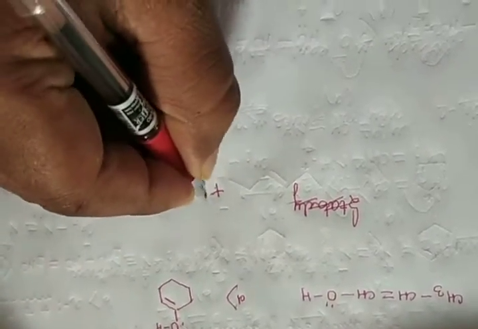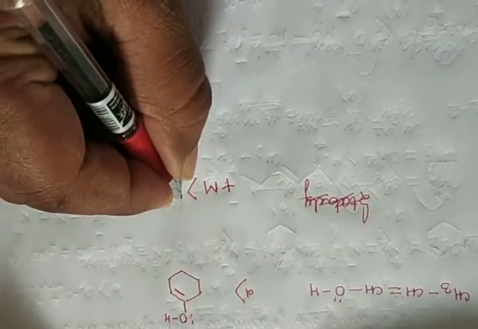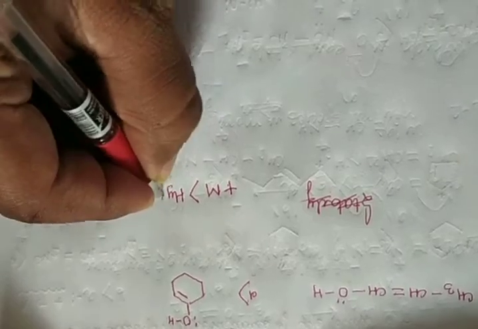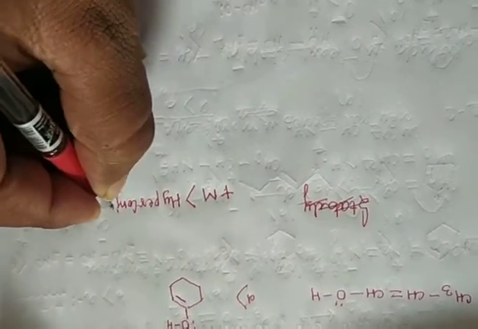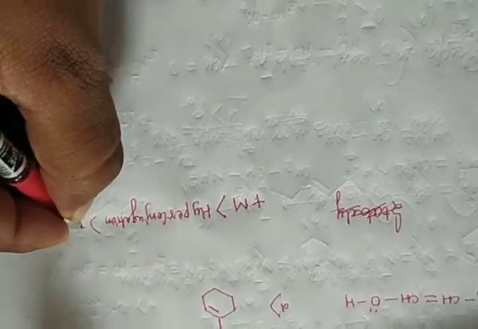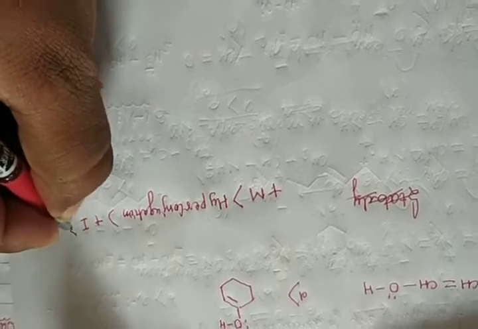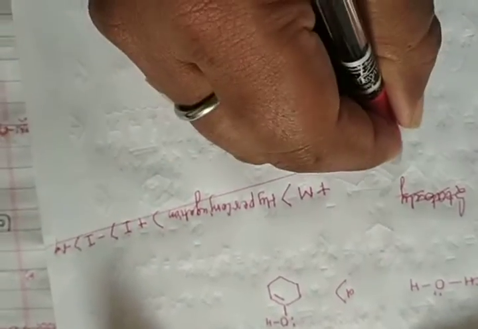First plus M, then hyperconjugation, and then plus I, then minus I, and the last is minus M. So minus M is the last. Okay, this is the stability order.